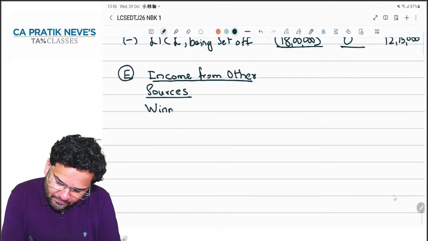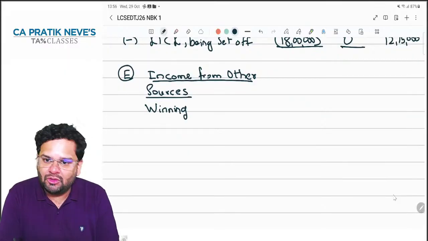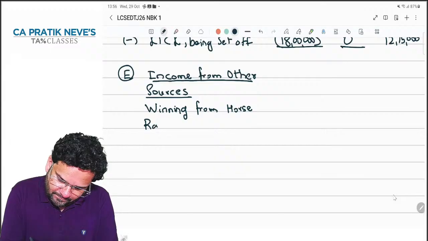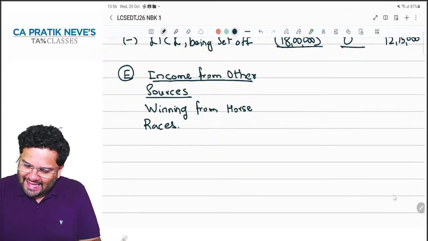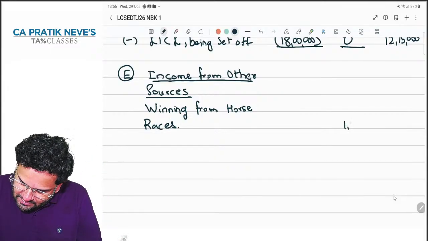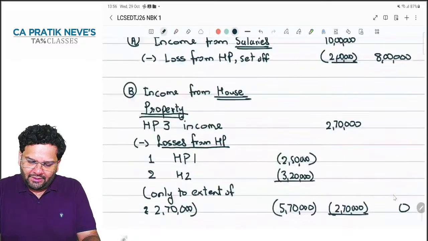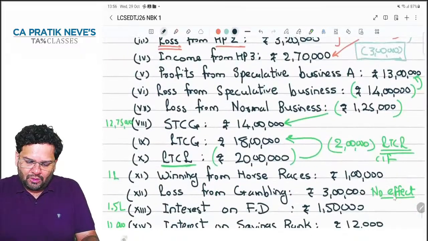Winning from horse races. Take 1 lakh in the second column. Go ahead. After that, what do you have?